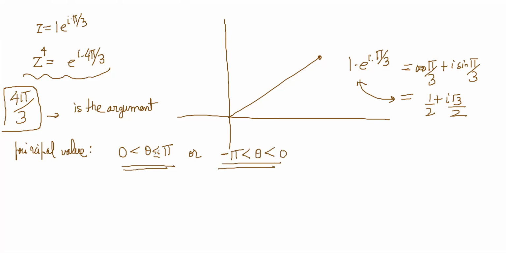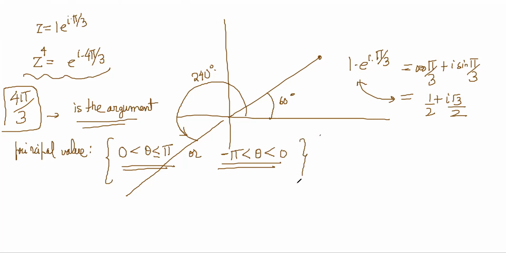These are the ways in which the argument is generally specified. This was 60 degrees, technically you should go to 240 degrees, and that is 4 pi by 3. But if you are specifying principal values, you will not say 240 degrees, you will say minus 120 degrees. So instead of writing 4 pi by 3, the principal value will be written as minus 2 pi by 3.